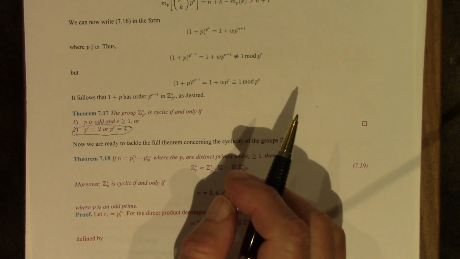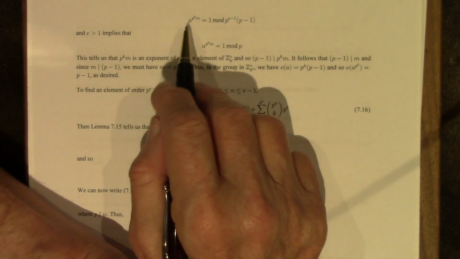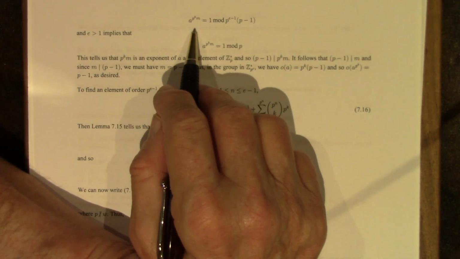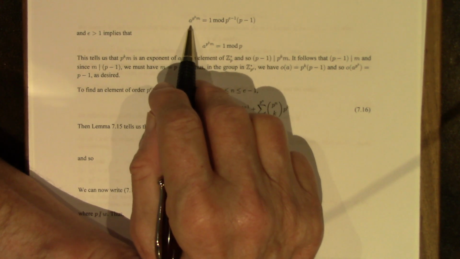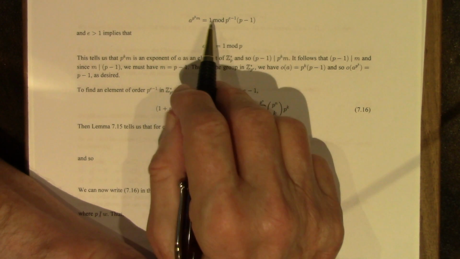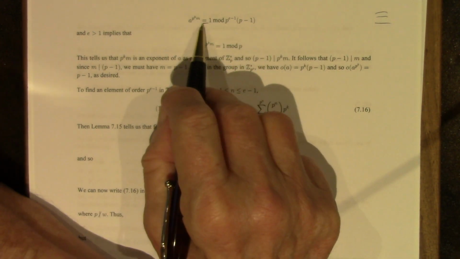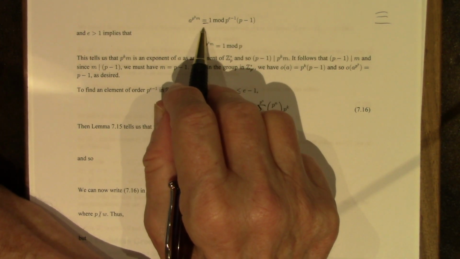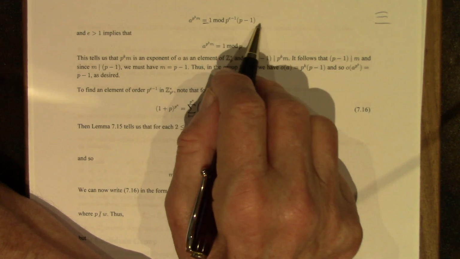Okay, then this is another way to say what I just said. p to the k m is the order of a in the bigger group, so a to the p to the k m is congruent, equal is okay too, but usually congruent is a more appropriate symbol, congruent to 1 mod the order of the group.